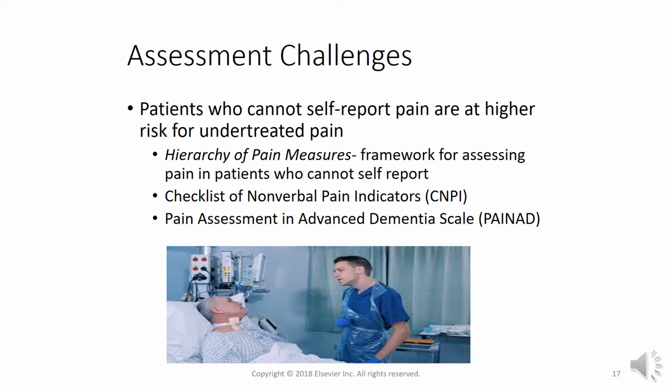And the best scale to use for the cognitively challenged is the FACES Pain Scale Revised. Remember, it's the one that you can look at and compare it to their face to see what level of pain they are in. Just the regular FACES Pain Scale is a self-reporting scale, but the FACES Pain Scale Revised is not.